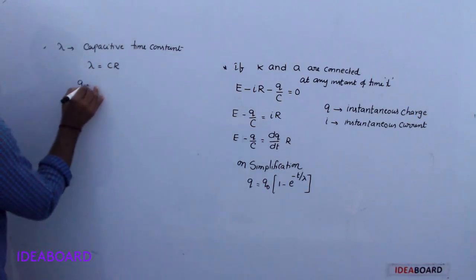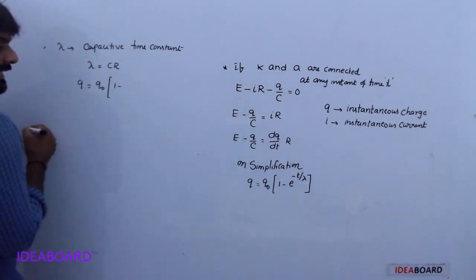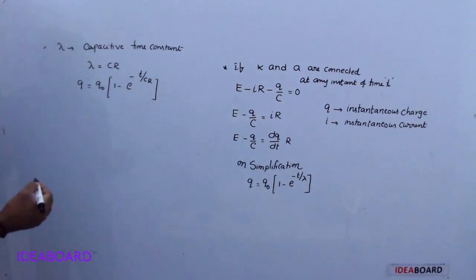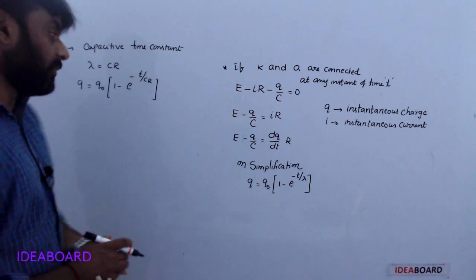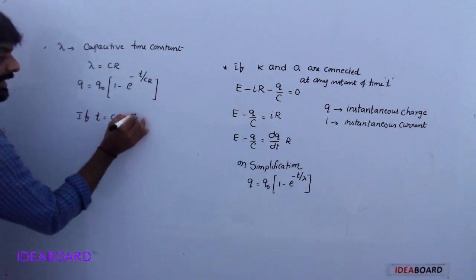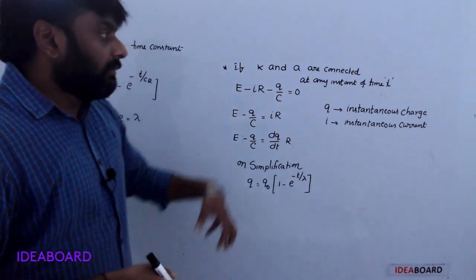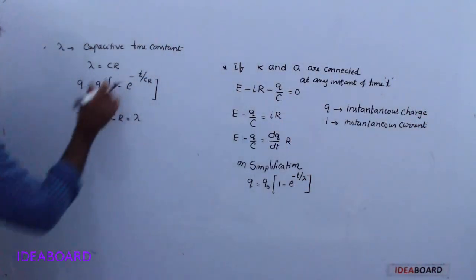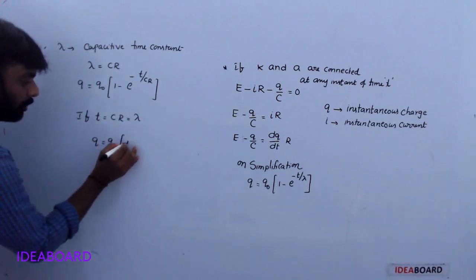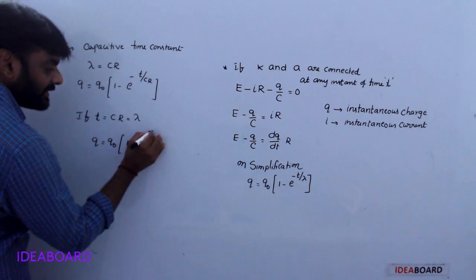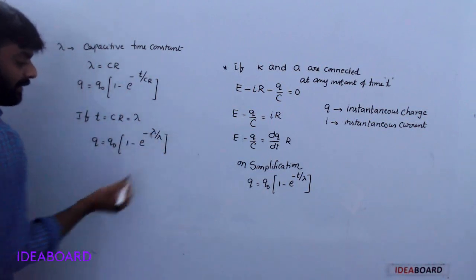So the original equation is Q is equal to Q naught into 1 minus e power of minus t by CR. What is CR here? Capacitive time constant. For example, if t is equal to CR, that means lambda. Substituting here, t is nothing but CR, or lambda, so lambda by lambda is 1.